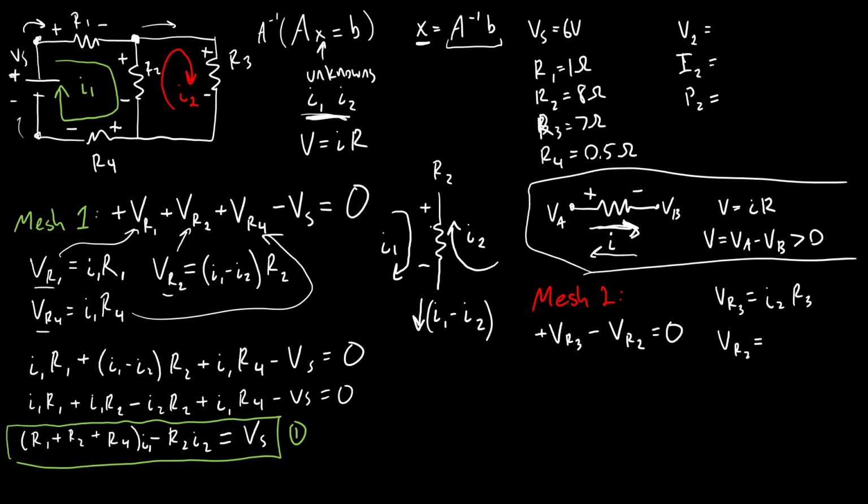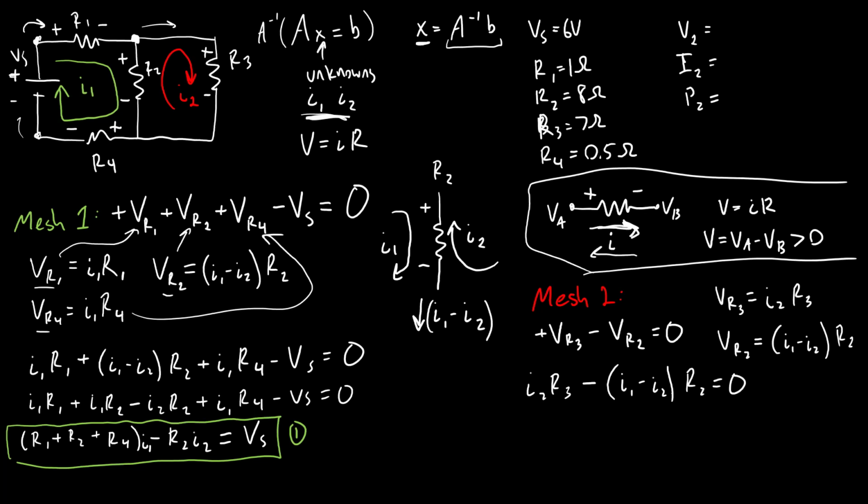VR2, based on the sign convention I have picked for R2, is the same as it was before. That is going to be I1 minus I2 times R2. So I'm going to plug both of these in here. VR3 is I2 R3 minus VR2, which is I1 minus I2 times R2 equals 0.